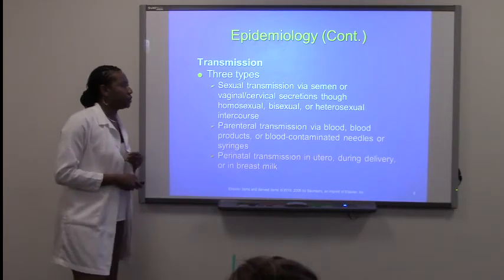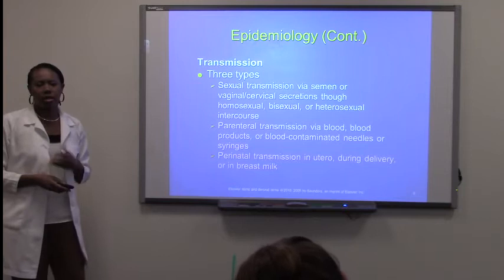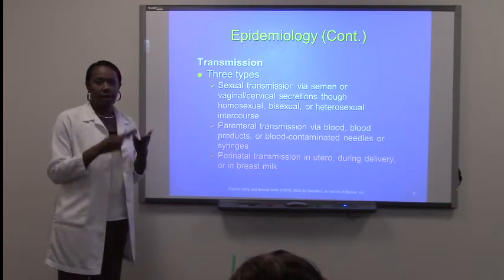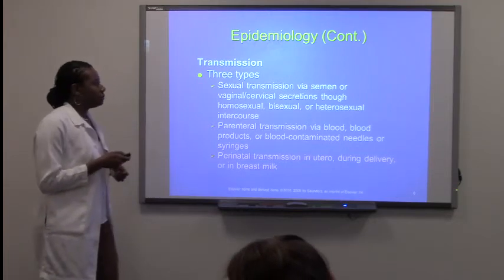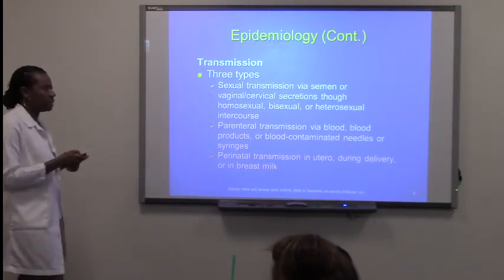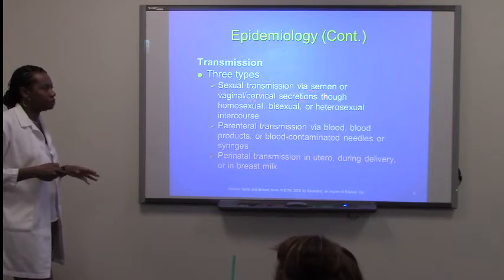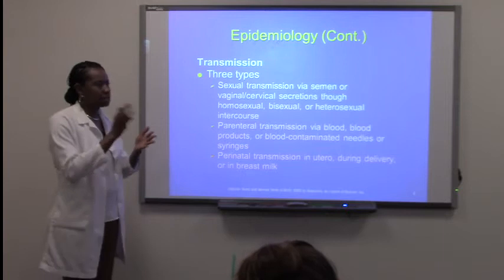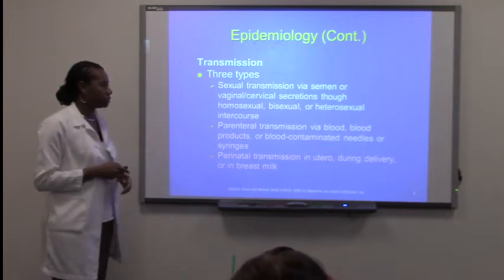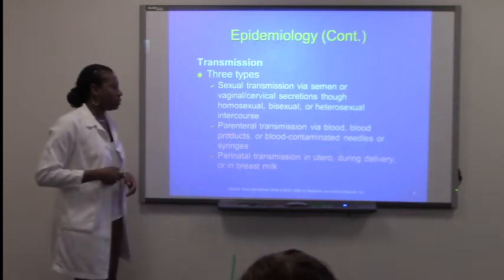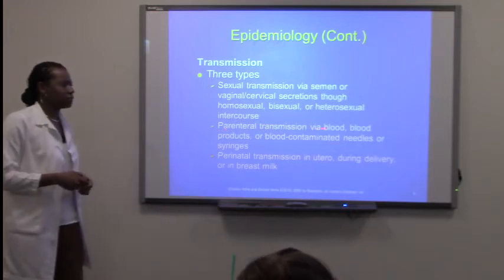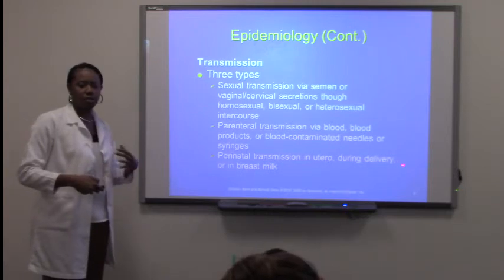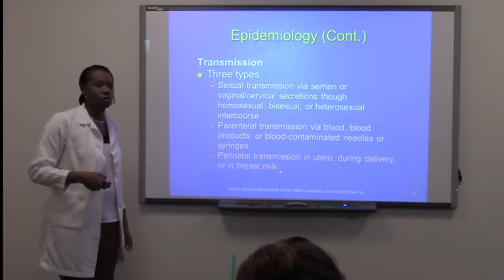Now, for the types of transmission, just to make it simple, let's say oral, anal, and vaginal sex. They list vaginal secretions, different sexualities, intercourse, whatever, but basically it's those 3 routes. Keep in mind also parenteral transmission through blood-contaminated needles, and perinatal transmission through delivery in utero and also through breast milk.